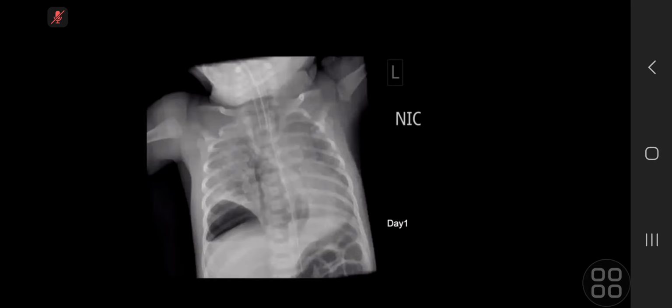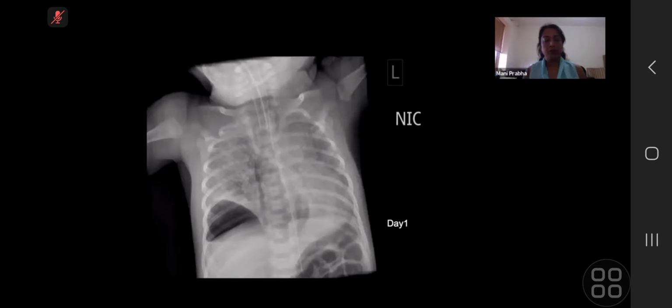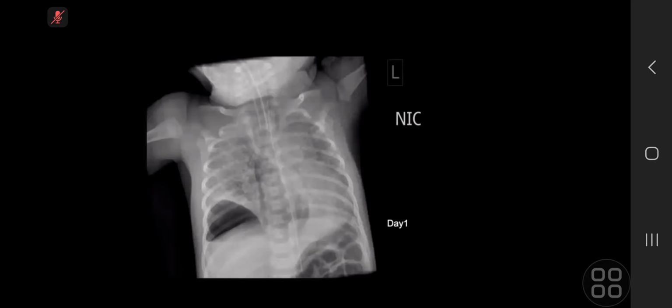So the lung volumes appear to be preserved. And is the child preterm or? Yeah, preterm child. Okay. There's also some areas of lucency in the areas of increased opacification.